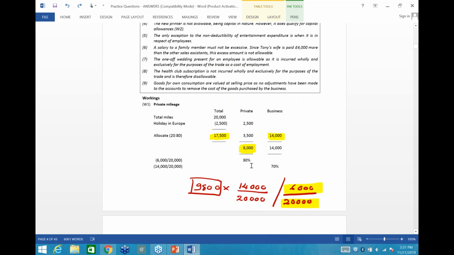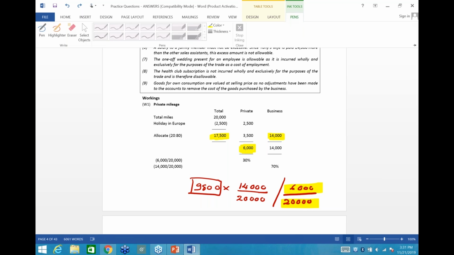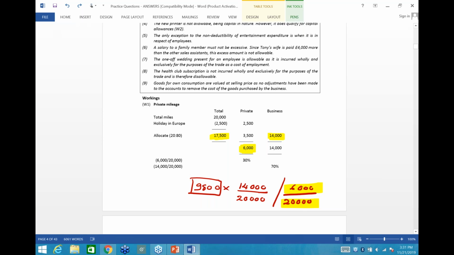Now, this was the calculation that we previously did. He did 20,000 miles from this car. From that, 6,000 for private use, 14,000 for business use. So the private use percentage was 30%. The business use percentage was 70%.